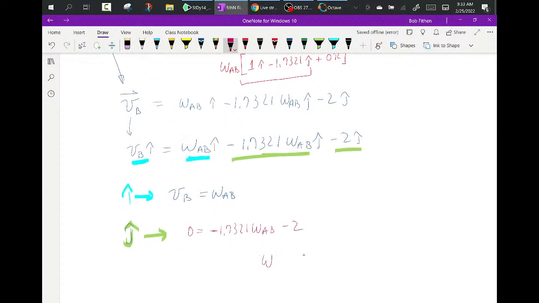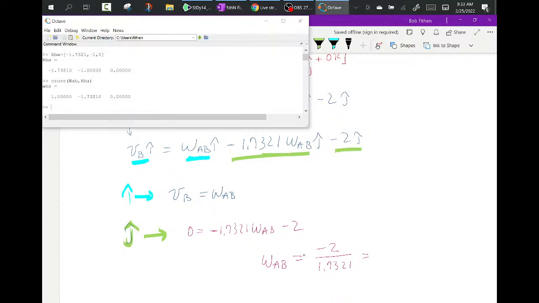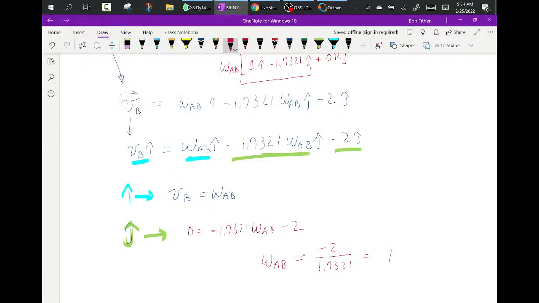That's going to tell me omega AB is equal to, and something is wrong here, I think, but let me check it out. Minus 2 over 1.7321, or 1.1547.